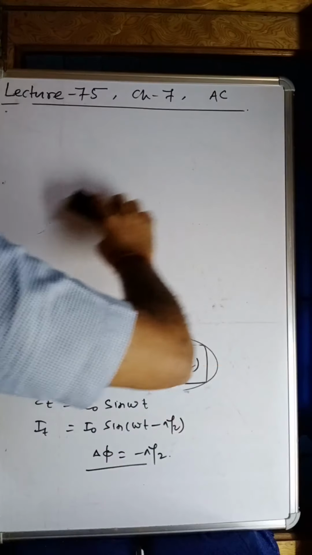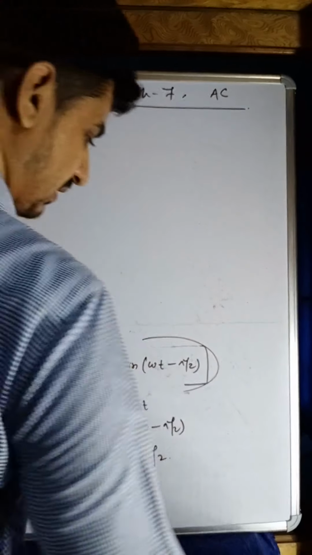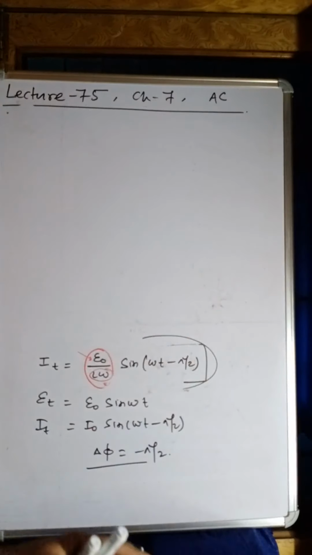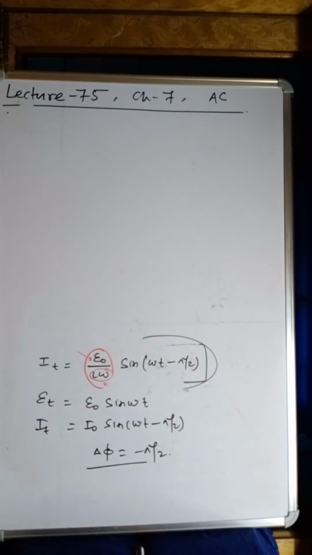Okay. Now, could you make the sinusoidal graph? Because you have to make the sinusoidal graph, then the phasor diagram, and you also have to calculate the instantaneous power and average power.